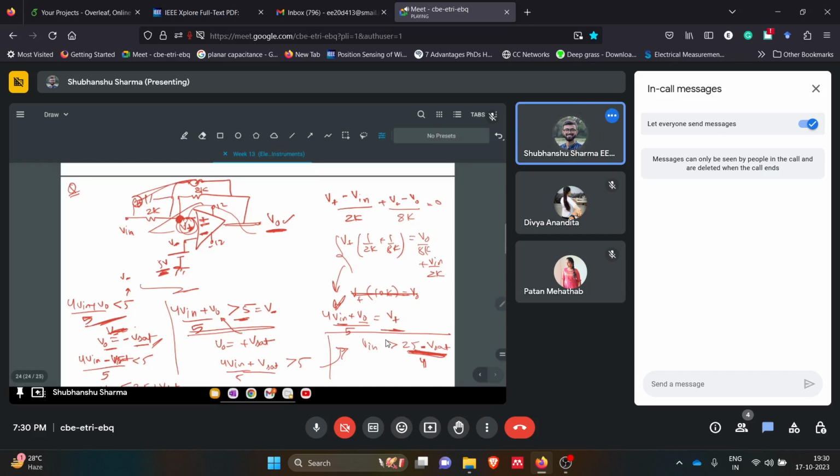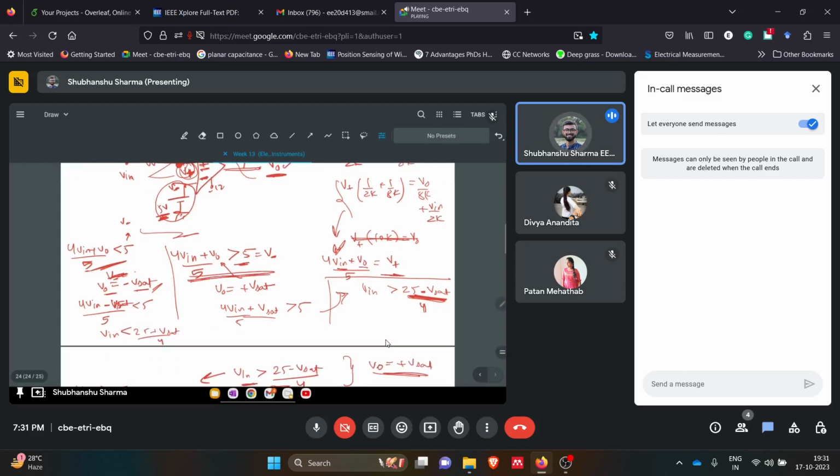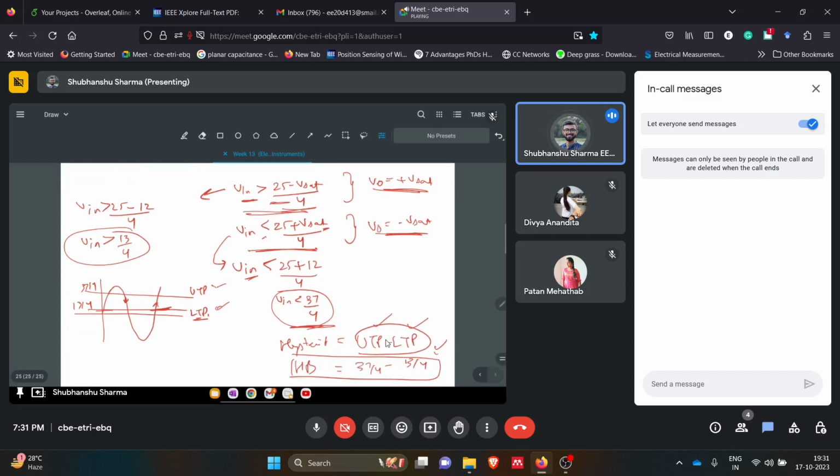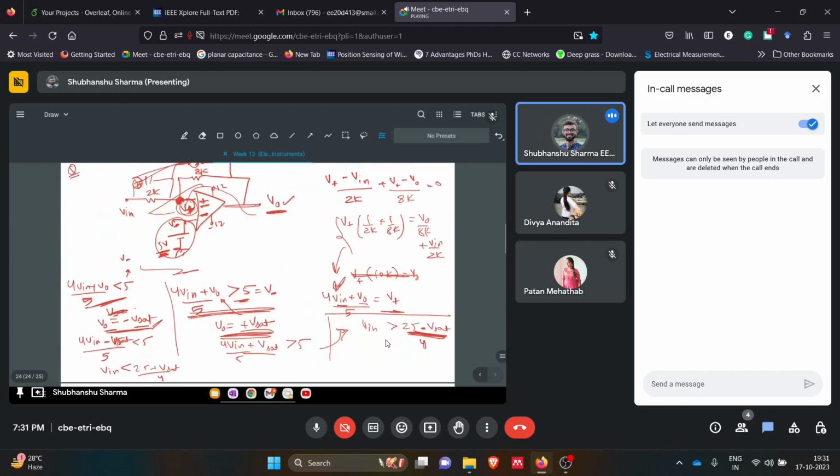Because you just have to get the expression for the non-inverting side terminal voltage, and the inverting side terminal voltage also, compare them and get two comparable equations, and based on that calculate what changes will happen at the output, whether it will be plus V saturation or negative V saturation. Based on that you get two limits, and accordingly, putting minus V saturation or plus V saturation, you get UTP and LTP, and using UTP and LTP you get the hysteresis band. So that was about the hysteresis band.